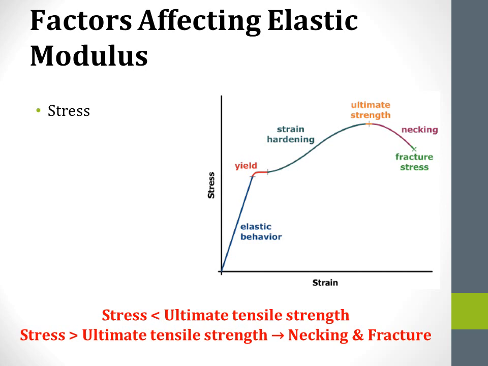Stress causes the elasticity of a material to either increase or decrease. Repeated cycles of stress lead to a decrease in the elasticity of a material. Therefore, the working stress should be less than the ultimate tensile stress, and if it exceeds the ultimate tensile strength, it leads to necking and fracture of the body.